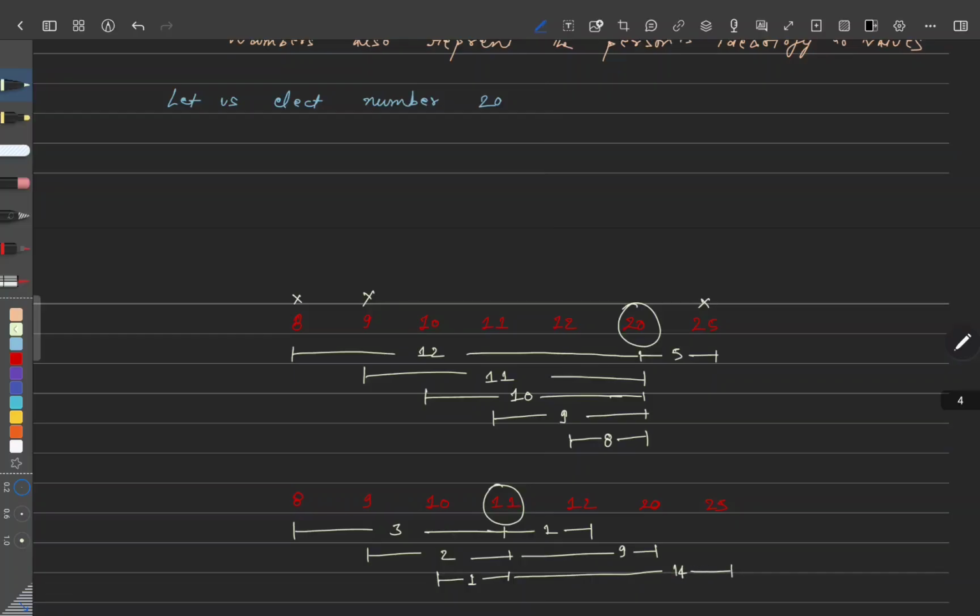So if you compare these cases, these numbers 3, 2, 1, 1, and even 9, we have 5 numbers which are close to 11. We have only one number which is 14, which represents a very high number, 25, in terms of difference from 11. So only one number.